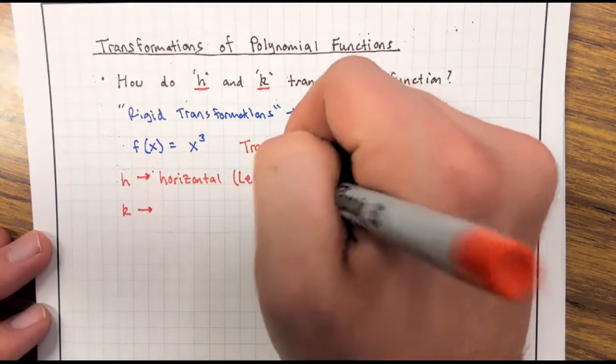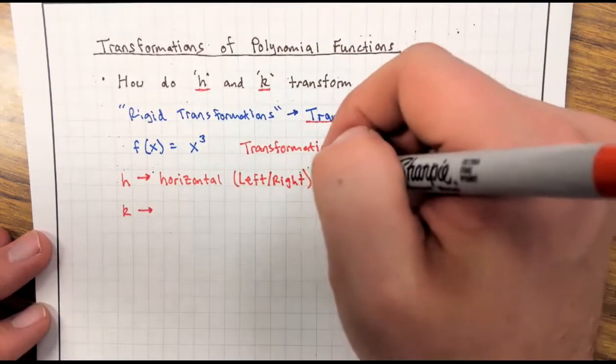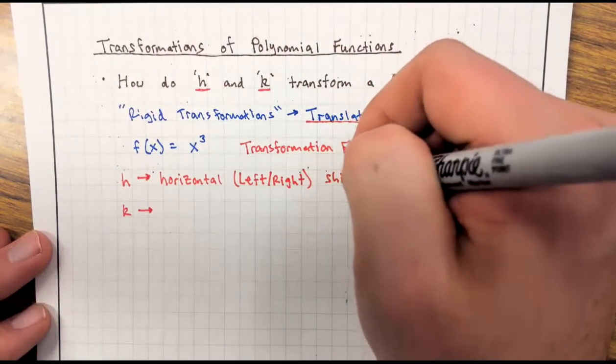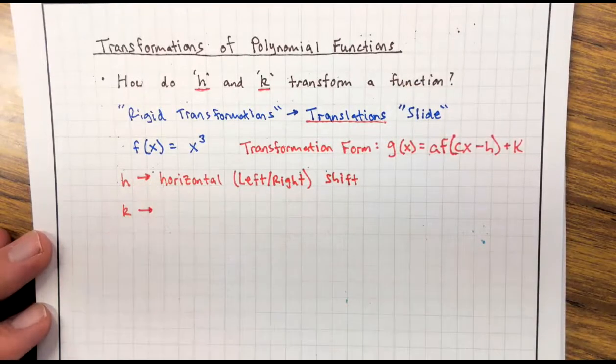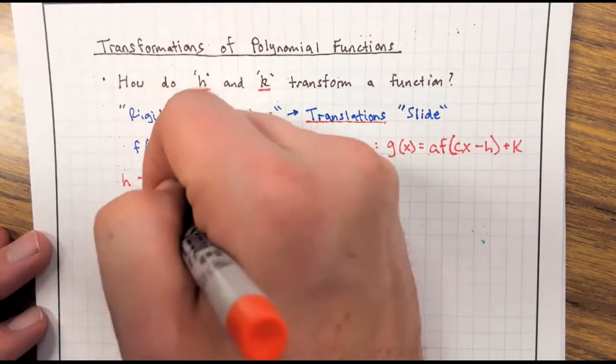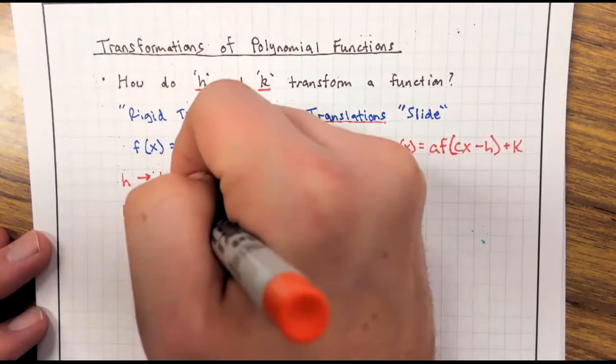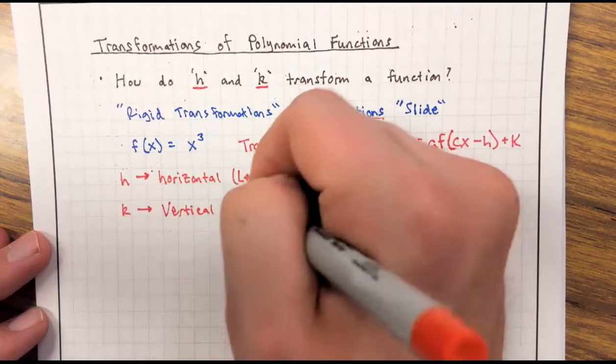Every single point on that function moves left or right. It shifts everything in the function to the left or to the right, depending on its value. Now, k represents a vertical shift. By vertical, I mean it is shifting the function up or down.